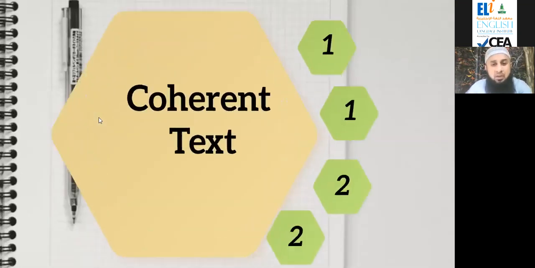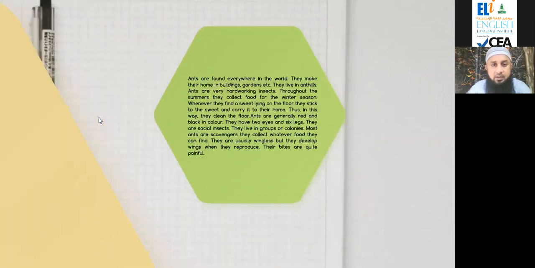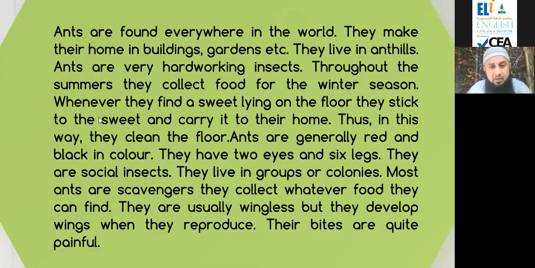After B comes coherent text. That's what we call C. Have a look at this. Again, you have a minute to read it, and then I'll ask you whether it's coherent or not.